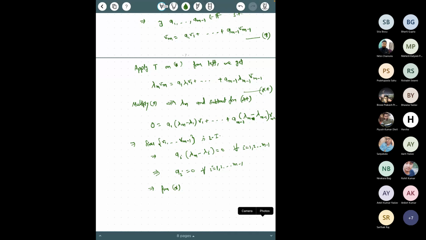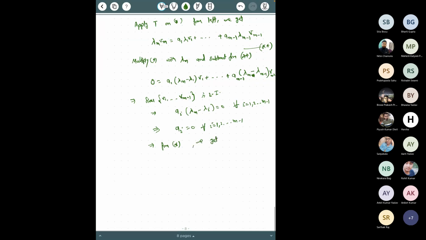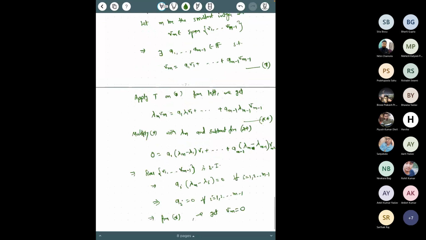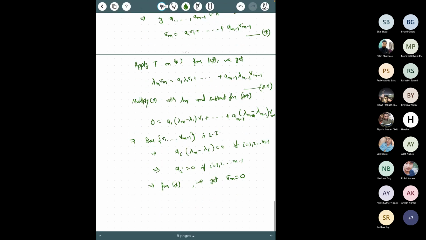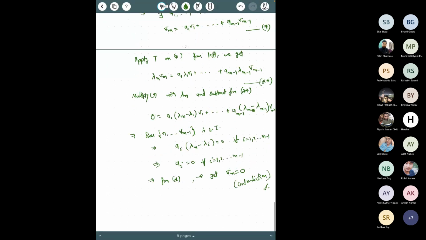That is a contradiction, because v_m is an eigenvector and it cannot be 0. Therefore, whatever we assumed, that these vectors are linearly independent, is not true. And therefore, eigenvectors corresponding to distinct eigenvalues are linearly independent.